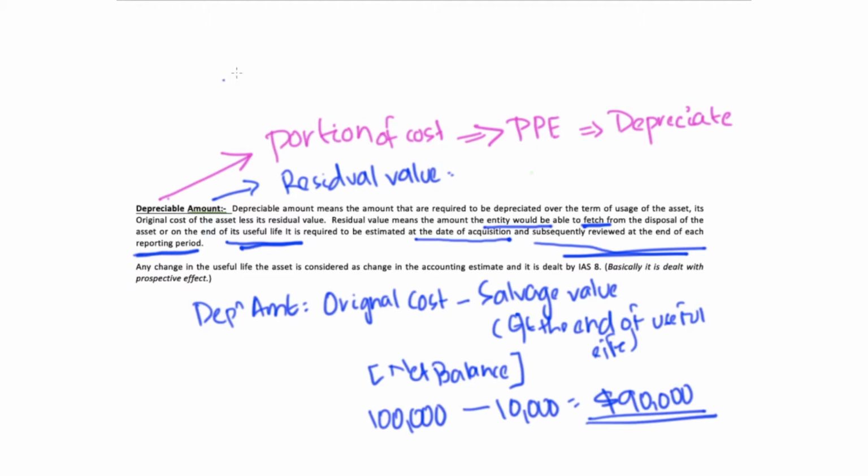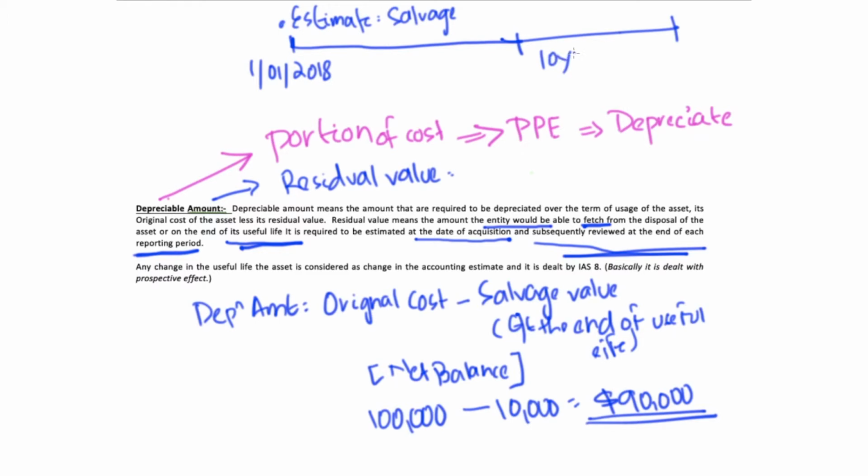Which means, suppose you acquired the asset on 1st January 2018. On this date, you need to estimate what you're going to get as a salvage value when you retire the asset, for example, after 10 years. After 10 years, when you retire the asset, the net amount of money that you will receive is depreciated over the period of time.